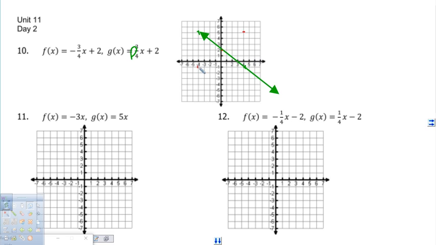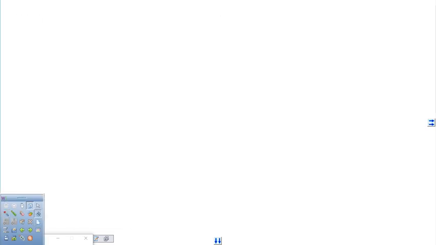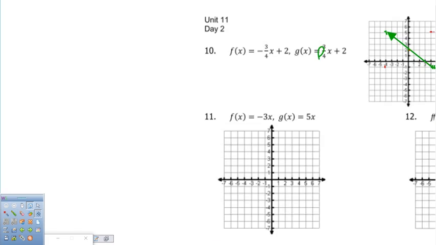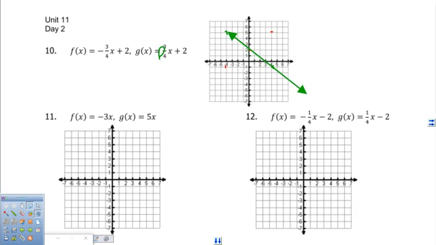Okay, and then we go ahead and pull our line across there like that. Okay, and we call that a reflection. Reflected. Okay.